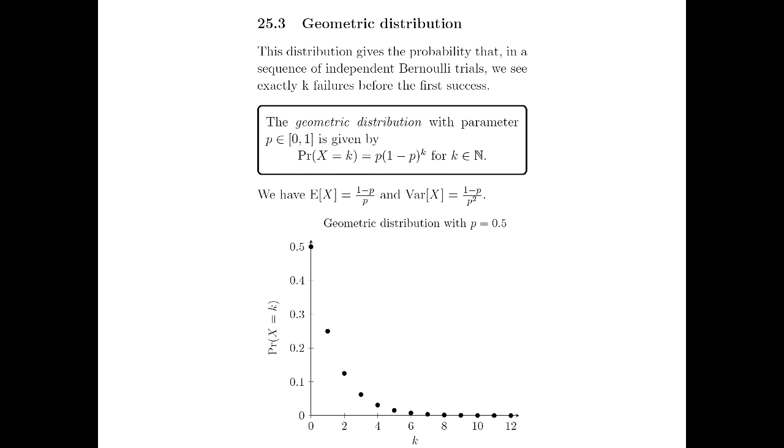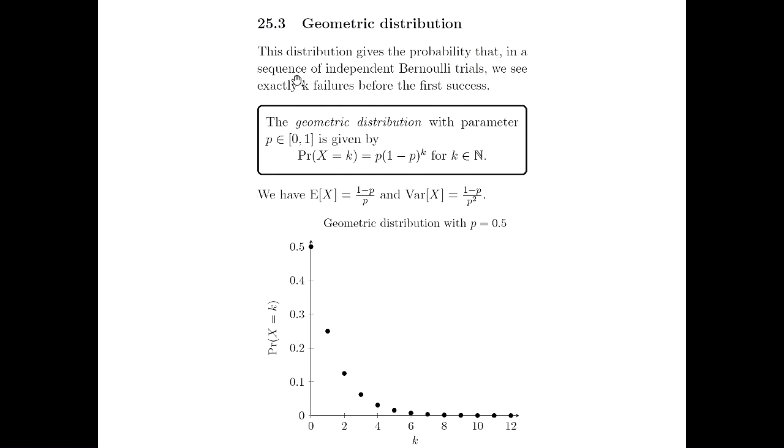Now, important to be aware of, this is another of these annoying things where different sources do different things. So I think this is slightly the more common way of doing things, but you will also see some textbooks that include that first success, right? So their K will be different to ours, right?